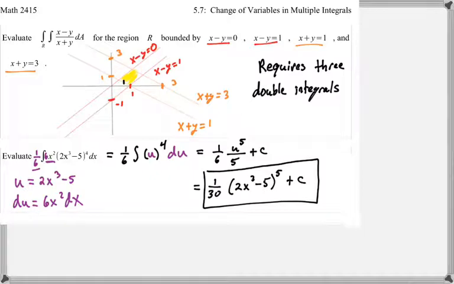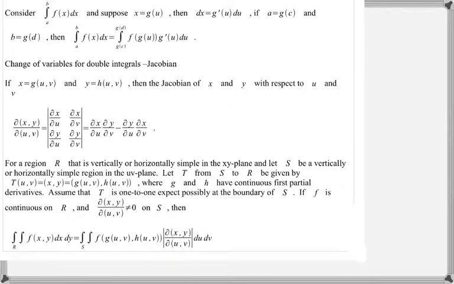So we have another type of substitution that we're going to use here on the next slide. So going back to the u substitution, consider the integral from a to b of f of x dx, and suppose that x is equal to g of u, then dx is equal to g prime of u du.